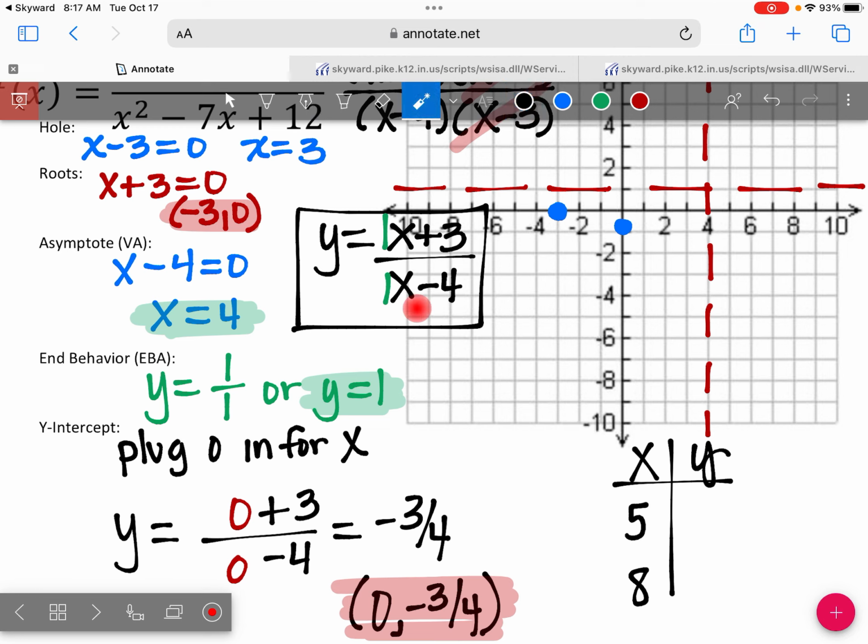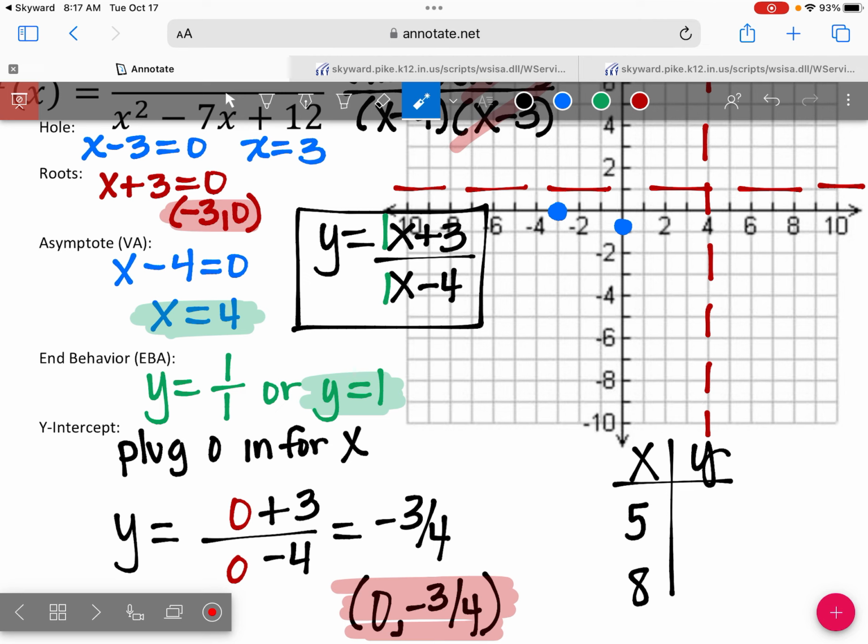So take a minute. Find your 2 numbers. Plug a 5. So 5 plus 3 over 5 minus 4. 8 plus 3 over 8 minus 4. If your 2 points were on the right side, would you find 2 on the left side to plug in? No, actually, in my last class, we plugged in 2.